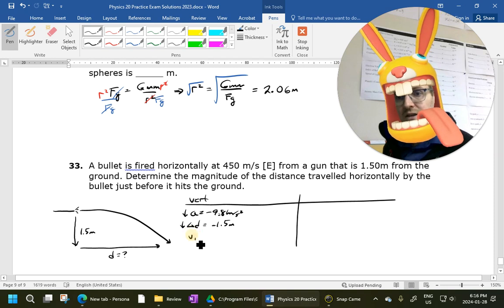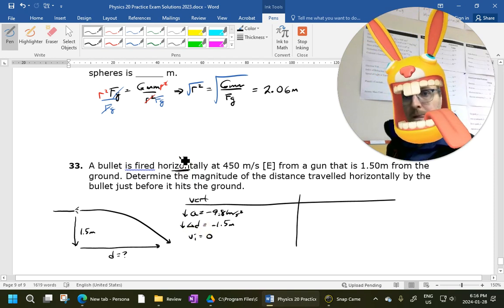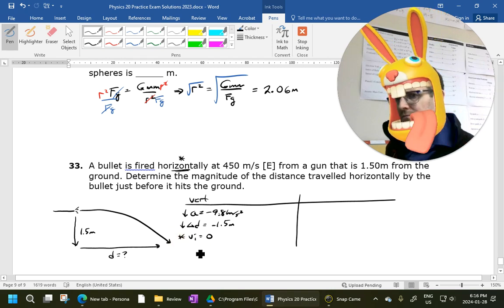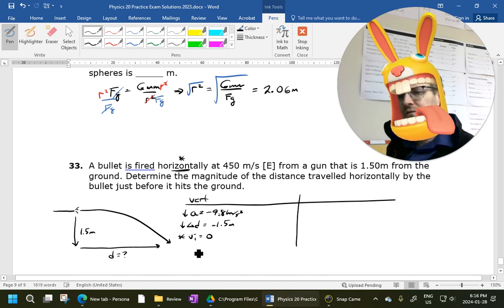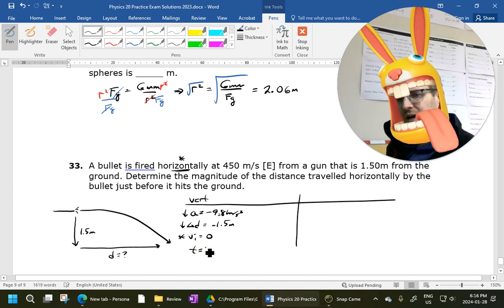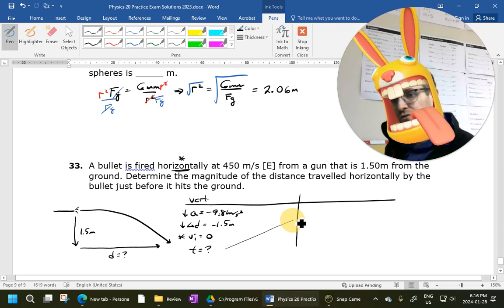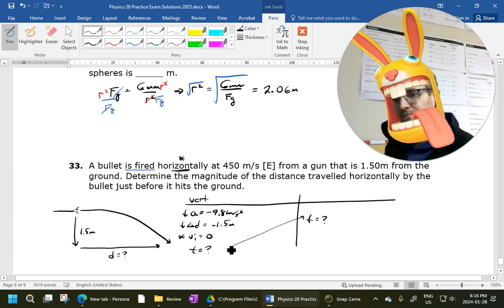It has an initial vertical velocity of 0 because it's fired horizontally. That's important. And we want to find time or VF, most likely time, because we're going to use that time over on the other side. If I can find out what that time is, I can use it over there.